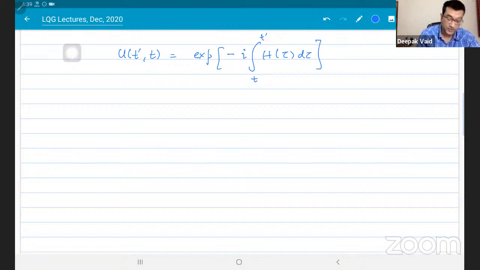But this exponential has to be time ordered. So again, when you expand it out and apply this time ordering condition, the time ordering condition is equivalent to this path ordering of this exponential.